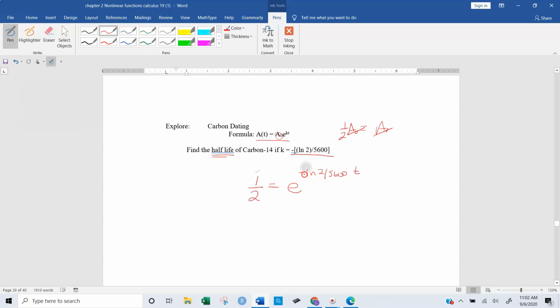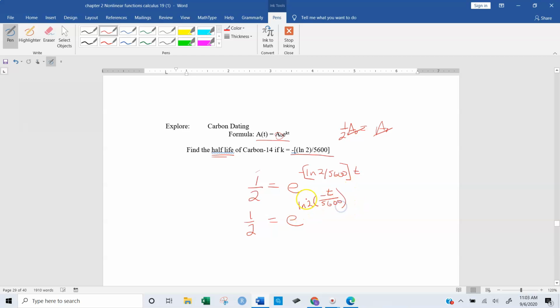Now I can rewrite this a little bit. This natural log of 2 goes here. I can put this negative with this t, so this is e to the natural log of 2 times negative t over 5600.